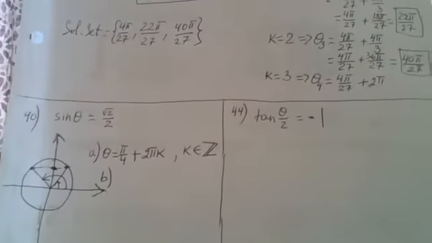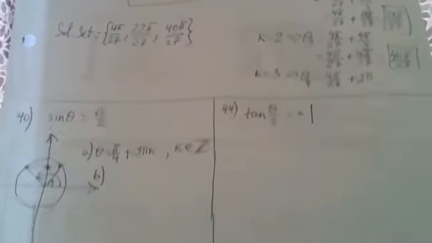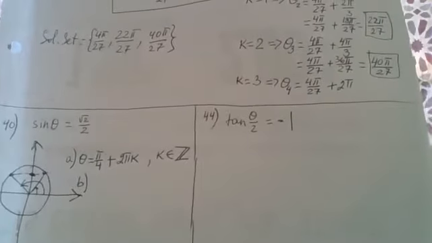Can you see? It is the angle from the second quadrant. Okay, what do we have here? Theta equals, is it that angle which we can describe as pi minus pi over 4? Is it again plus 2 pi k?